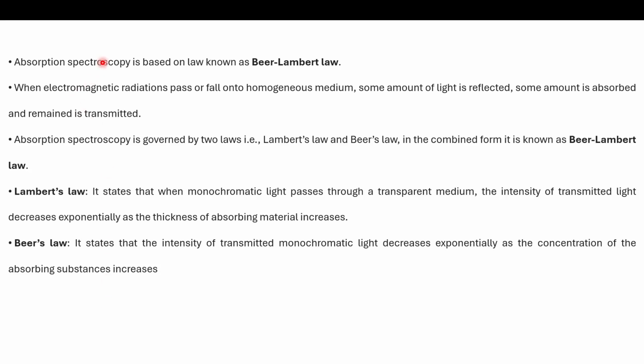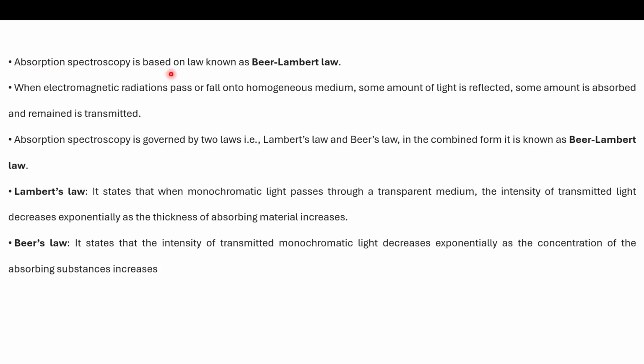Now, for absorption spectroscopy, I think we looked at Beer-Lambert's law earlier as well, where we saw how to determine the concentration of purified plasmid, as well as the purity of the sample, like the A260 by 230 ratio and A260 by 280 ratio.